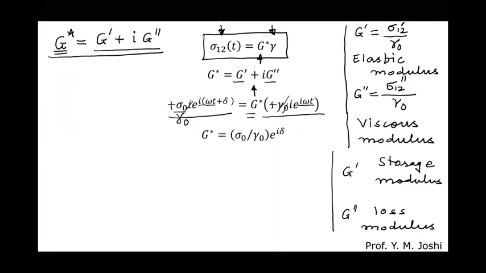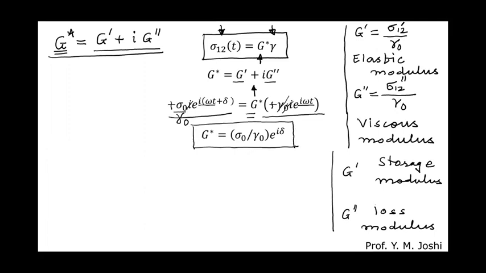So this also goes, and what we essentially get is G star is equal to sigma 0 by gamma 0 e to the power i delta. All right. Now we know that e to the power i delta is nothing but, so we have G star is equal to G prime plus i G double prime, equal to sigma 0 by gamma 0.